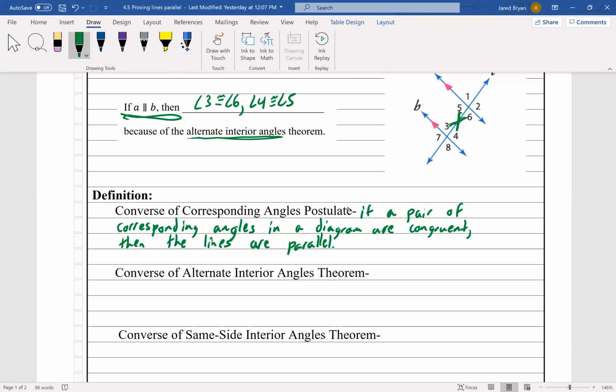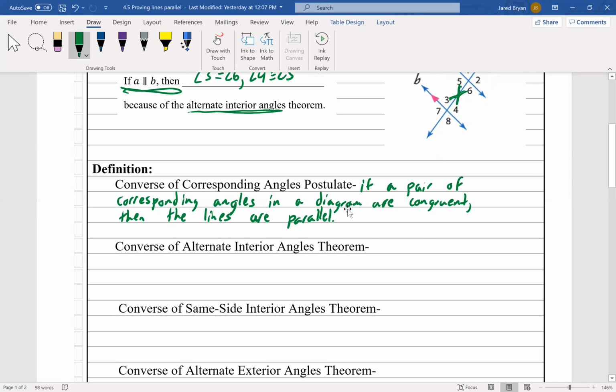Okay, next one we're going to use here, similar to what we talked about yesterday: the converse of the alternate interior angles theorem. I want you to write this one with me as well, and you can abbreviate these as needed. So converse of alternate interior angles theorem.